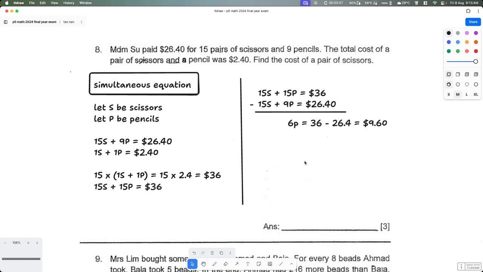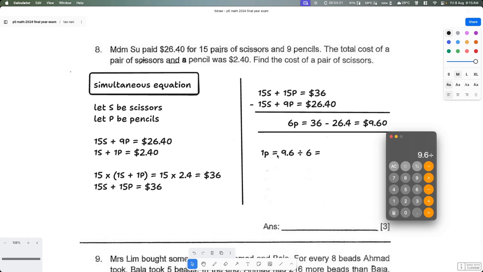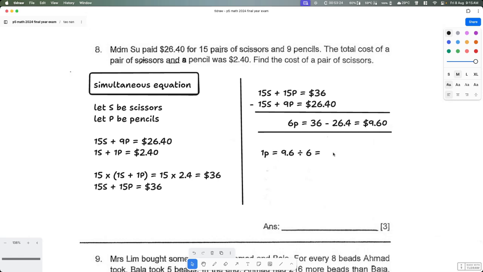Okay, so that means from here we can get 1p is equal to 9.6 divided by 6. This will give us 1.6, if I'm not wrong. So $1.60.